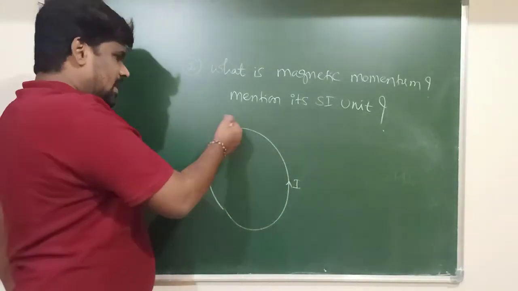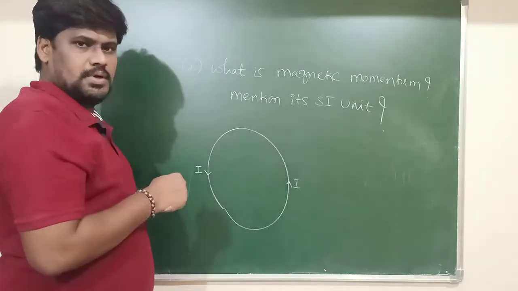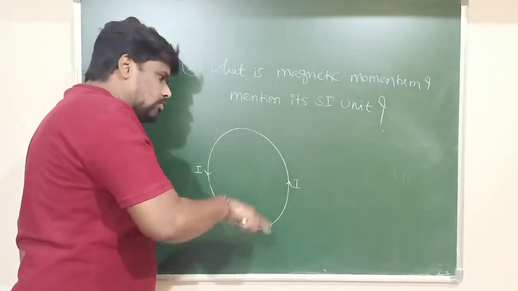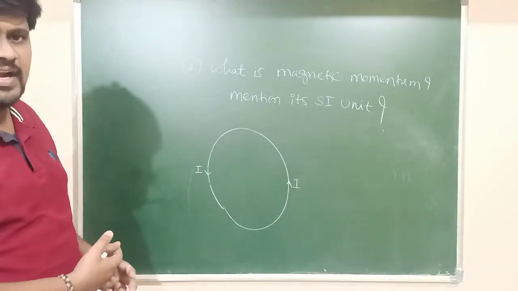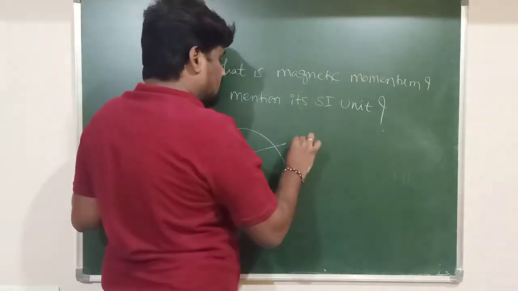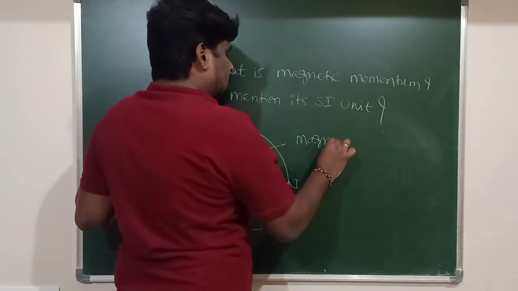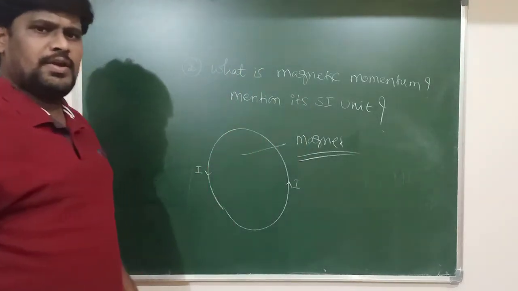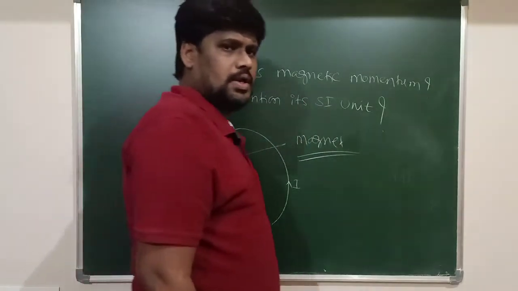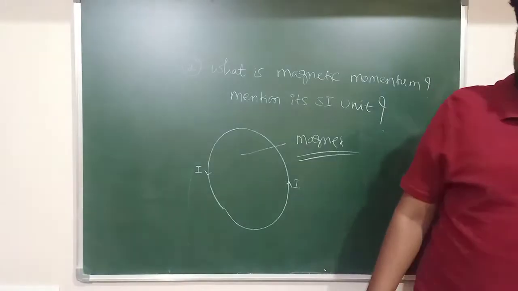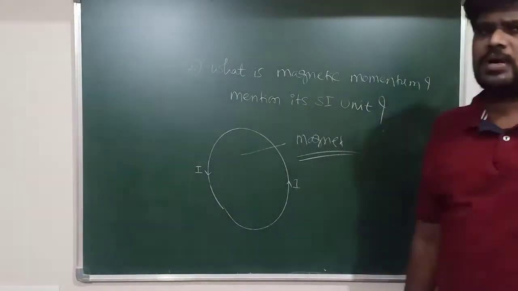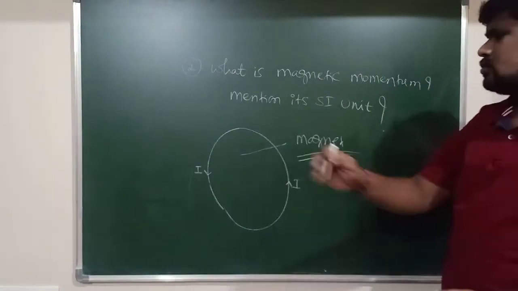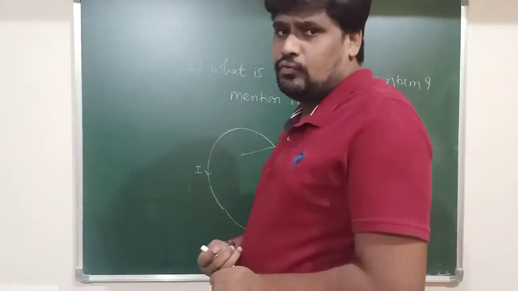In general, any circular loop which carries current is similar to a magnet, and it is going to produce a magnetic field. Any circular loop will definitely behave as a magnet, and definitely it is going to produce a magnetic field.